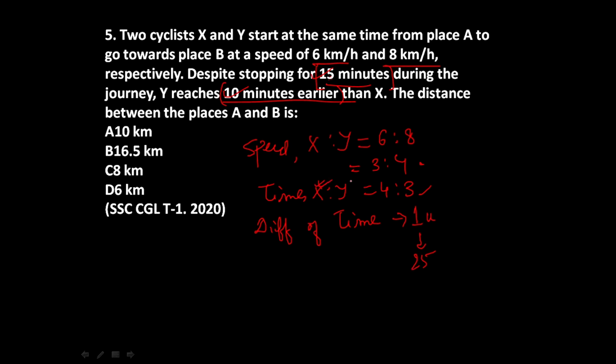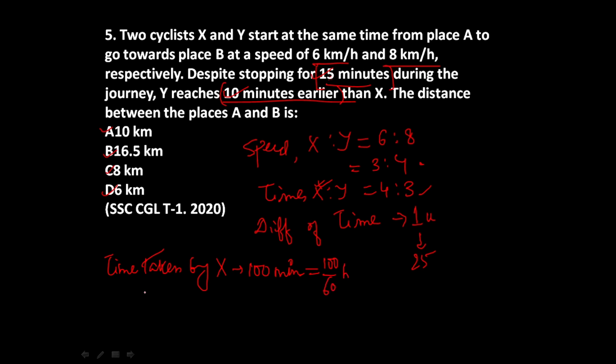We can solve it with X or Y, but I'm taking X. So the time taken by X: 1 is equivalent to 25, so 4 will be equivalent to 100 minutes. The answers are in km, so we have to get it in hours. So 100 minutes is equal to 100 upon 60 hours.